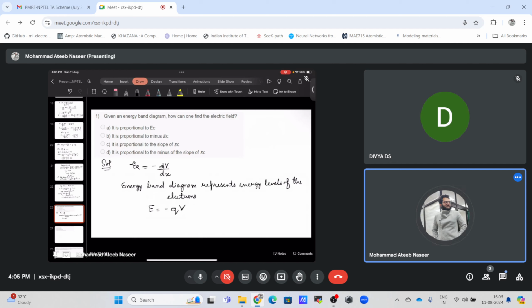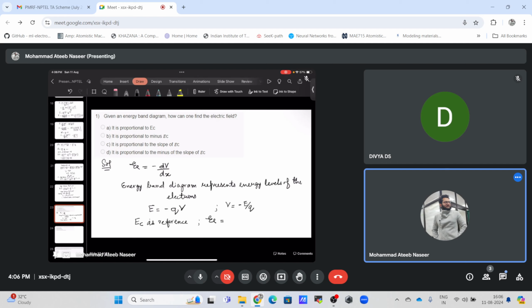So if we take this EC as a reference now, because EC or EV, they are both energy levels, then this electric field is simply equal to this. From this you can see V is equal to minus E by q.